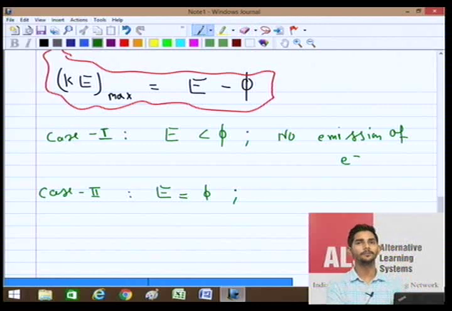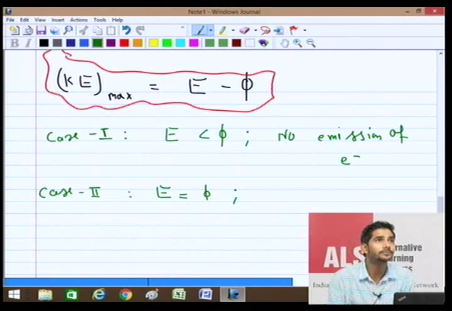When E is equal to phi, is there any emission of the electrons? You can raise your hand if you say yes. Okay, 1. How many of you say that no emission of electrons? Okay. And what about the others who haven't raised their hand, what are they thinking? Is there any other scenario?